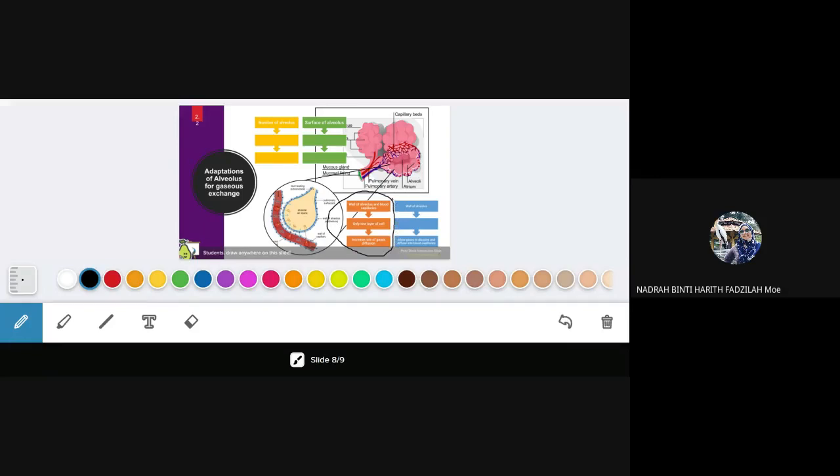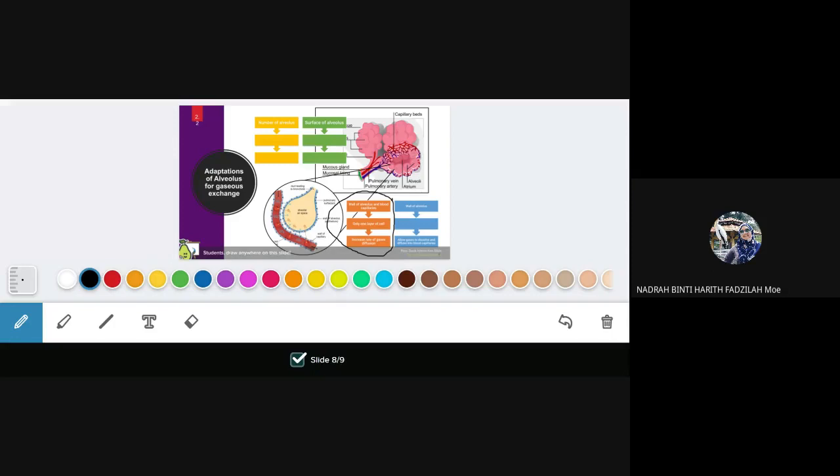Okay, first level, I mention the structure, the name of structure. Maknanya kita nak discuss adaptation alveolus. Firstly, I would like to discuss the wall of the alveolus, the wall of the blood capillaries. So, the wall of both structures is only one layer of cell.